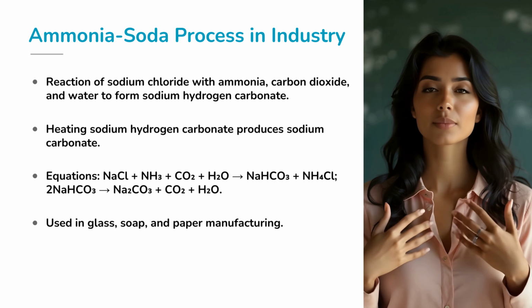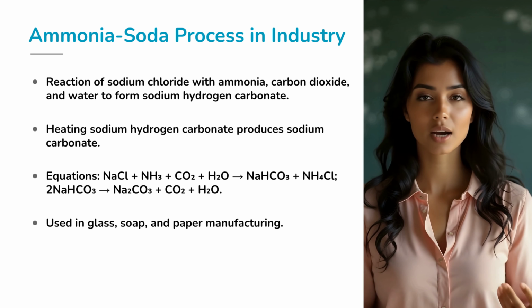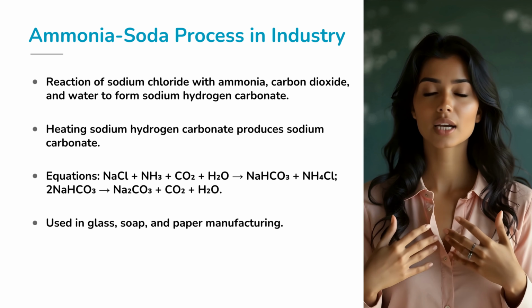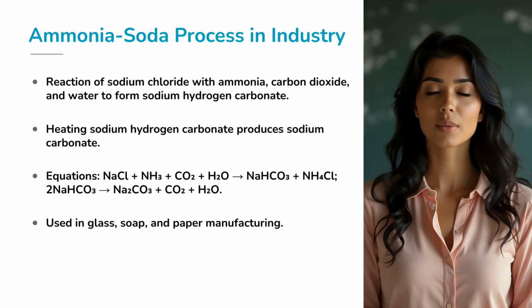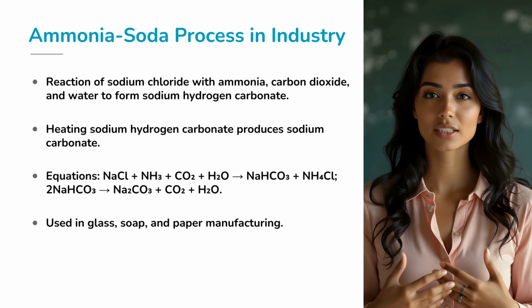Let's scale up. When it comes to industrial salt production, sodium carbonate is made using the ammonia soda process. In this method, sodium chloride reacts with ammonia, carbon dioxide, and water to form sodium hydrogencarbonate, which is then heated to produce sodium carbonate.